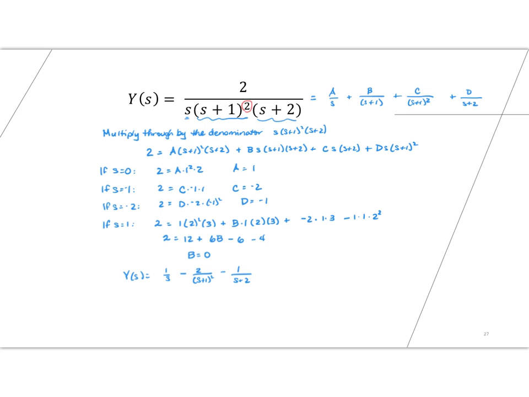And now to do the inverse Laplace transform, 1 over s is going to be the constant or the unit step function. 2 over s plus 1 squared is going to be a polynomial piece multiplied by the exponential. In this case, it's minus 2t e to the negative t. And then the last piece is just the exponential.